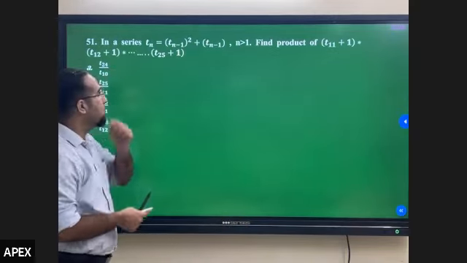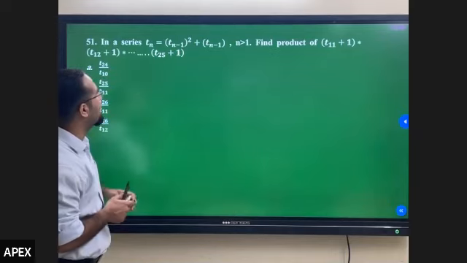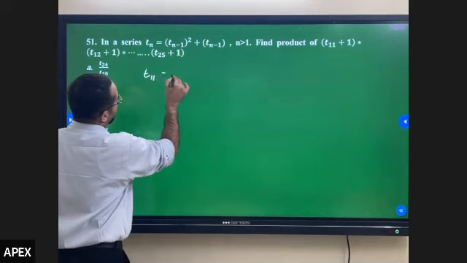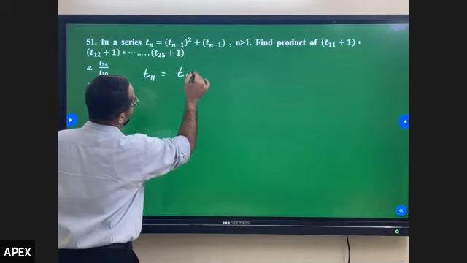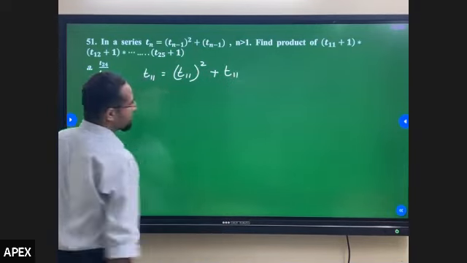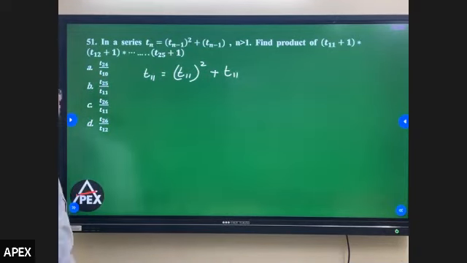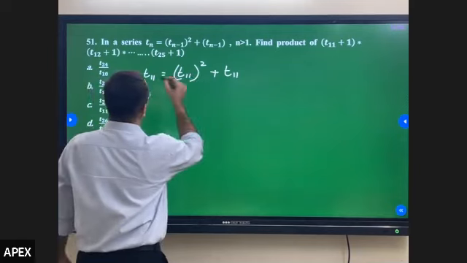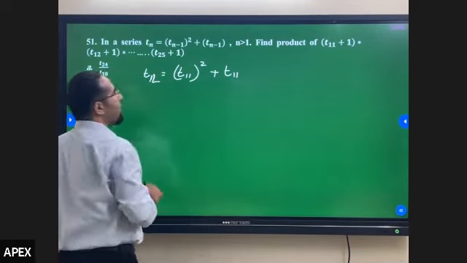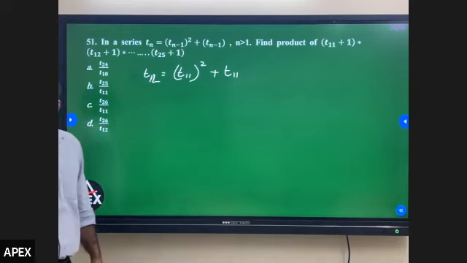Nothing else. Okay. So I know that you can replace anything here. Suppose I'm talking about T of 11. What is T of 11? T of 12 is equal to T of 11 whole square plus T of 11.